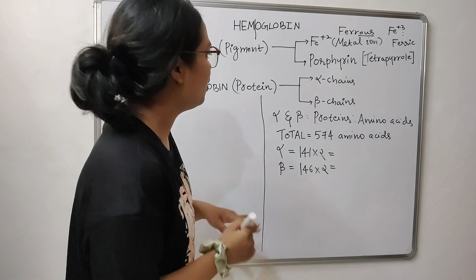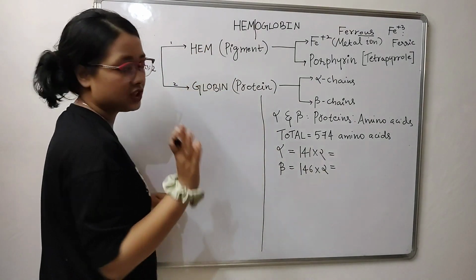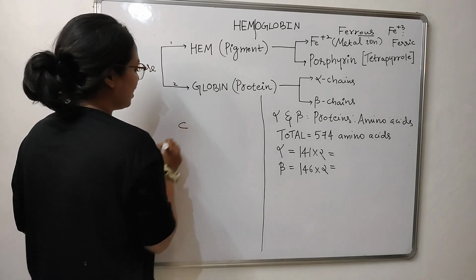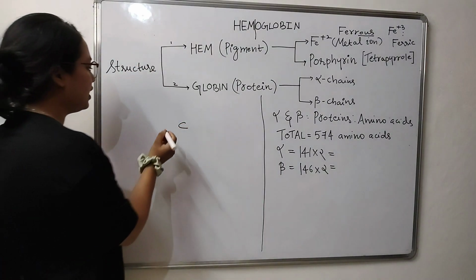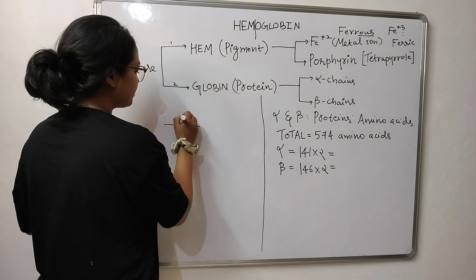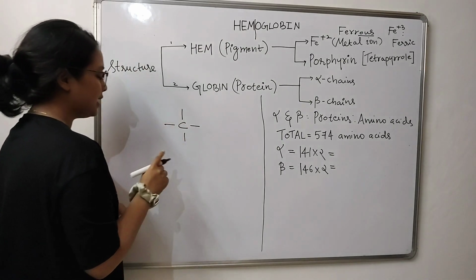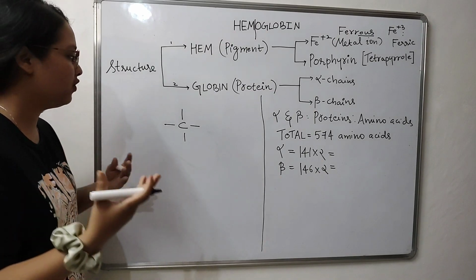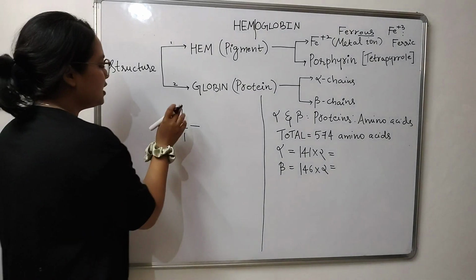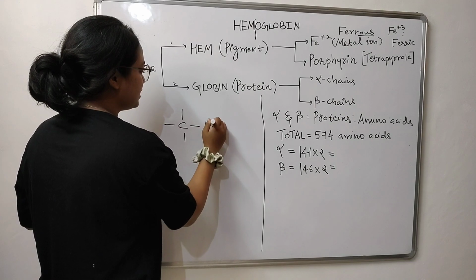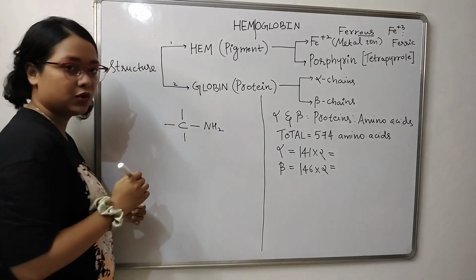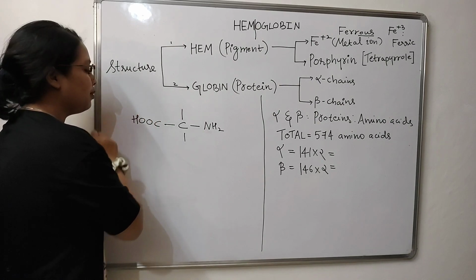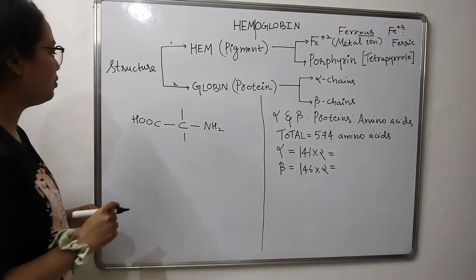I will just give you a general representation of amino acids. So in amino acids, what do we have? We have a carbon atom in the center. The easiest way to remember: we have a carbon atom in the center, and we know that carbon has a valency of 4, right? It forms 4 bonds. So with carbon in the center, on one side you put an NH2 group, an amine group, and on one side you put a carboxylic acid group, C double bond OH.